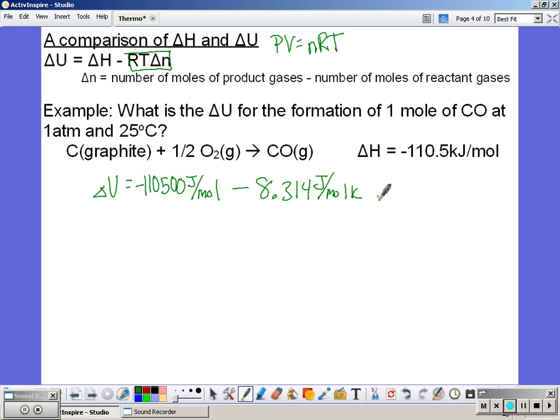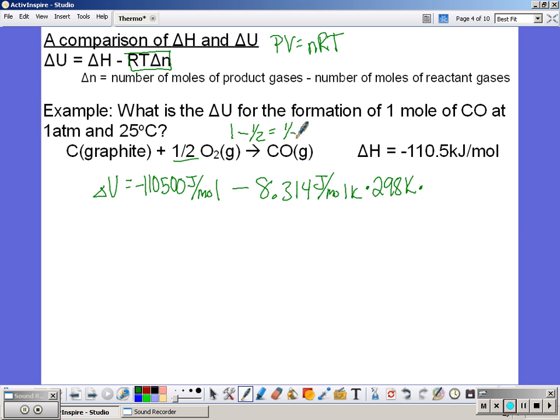So we have R times T, and that would have to be in Kelvin, times the change in moles of gas. So you take the moles of products of gas, which is 1, minus the moles of gas as a reactant, which is just a half. Well, 1 minus a half equals a half.